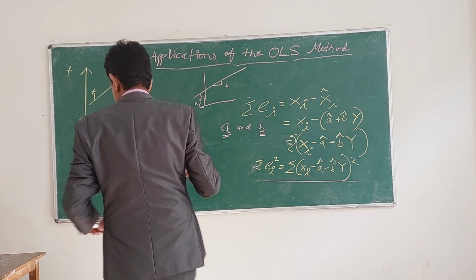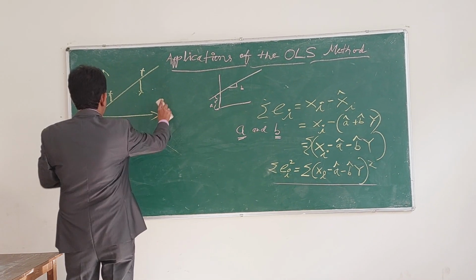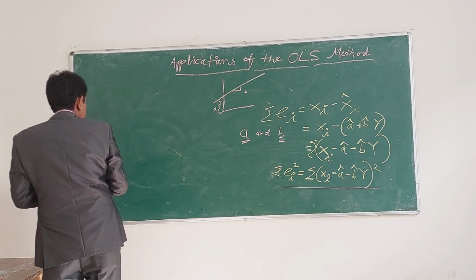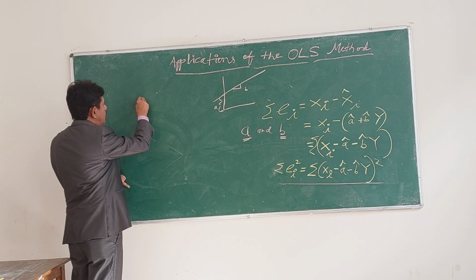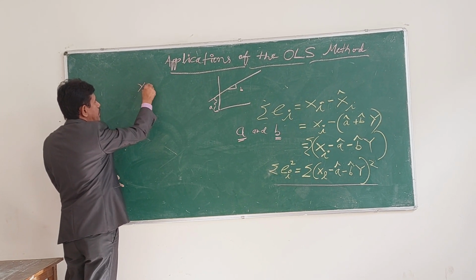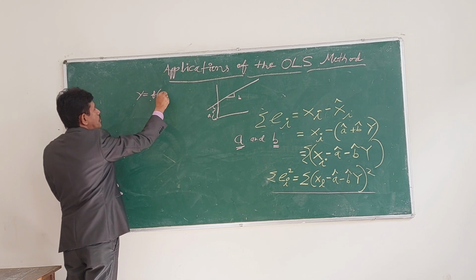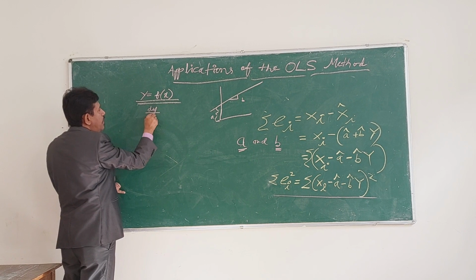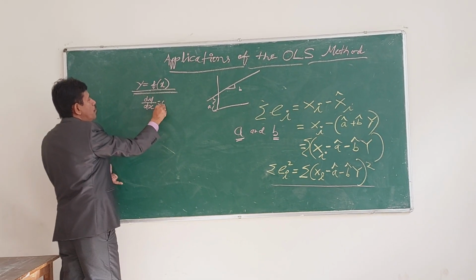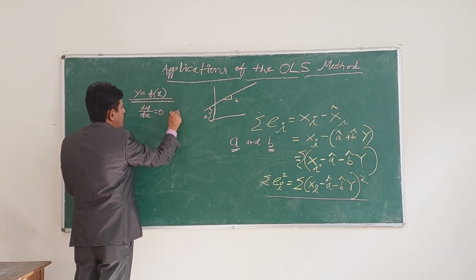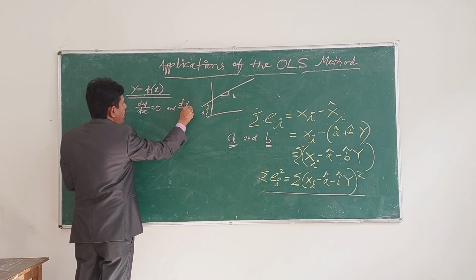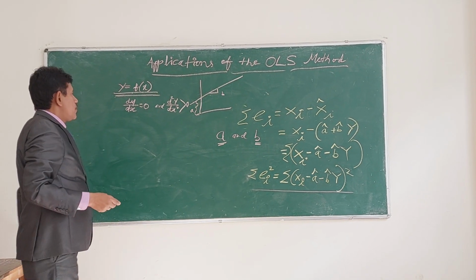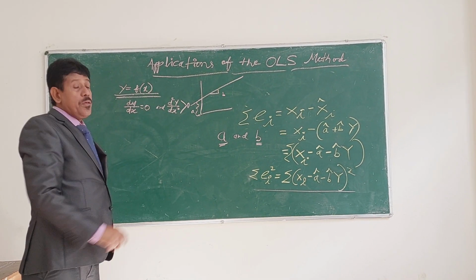If there is a function like y equal to f of x, the conditions for minimization are dy by dx equal to 0 and d square y by dx square greater than 0. This is the condition for minimization.